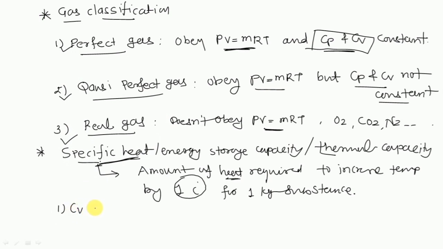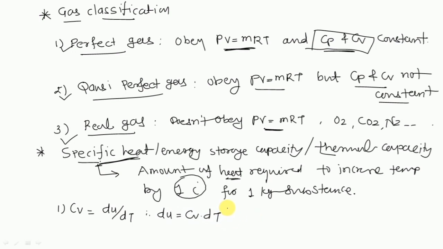The definition of Cv is the amount of energy required to increase the temperature by 1 degree for 1 kilogram of substance at constant volume. We can write this as du upon dt, and if we rearrange this term, then du is Cv into dt.